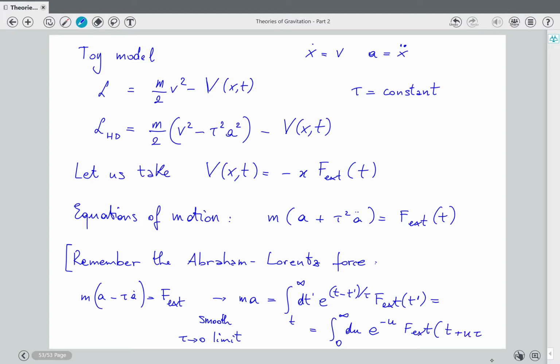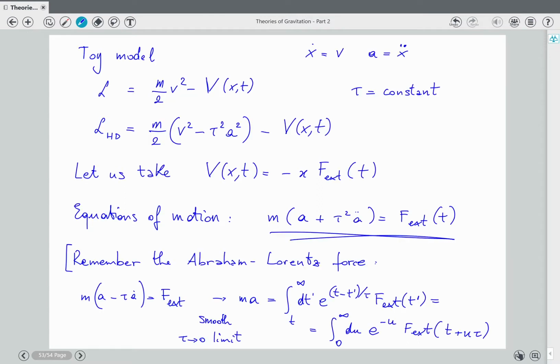Well, it's not analytic in tau, it can be expanded. It depends on, that's a smooth tau going to 0 limit. Let's not talk about analyticity in tau. Tau is not complex here. And real analyticity is not that easy, so let's forget about analyticity in this context.